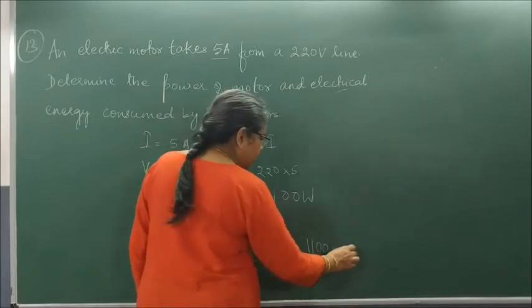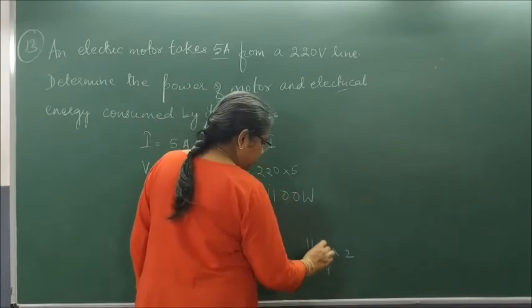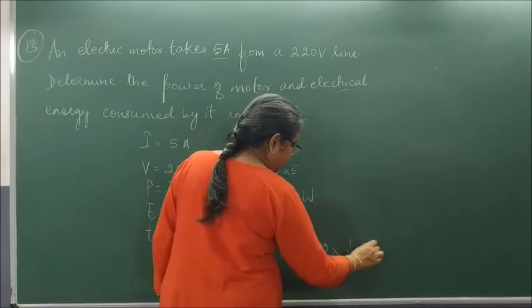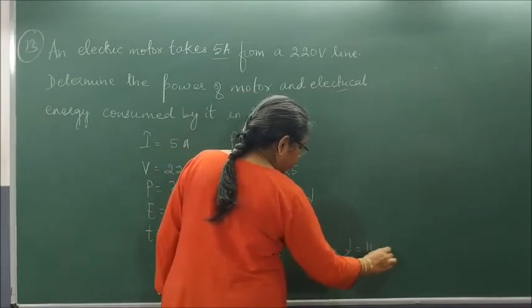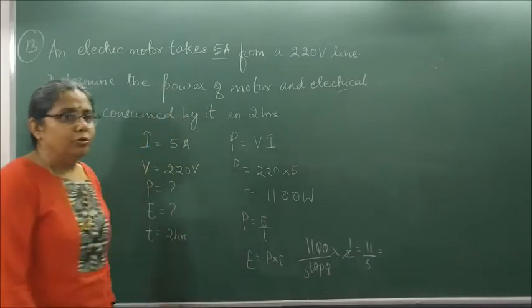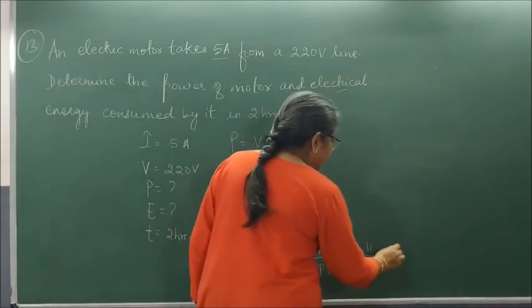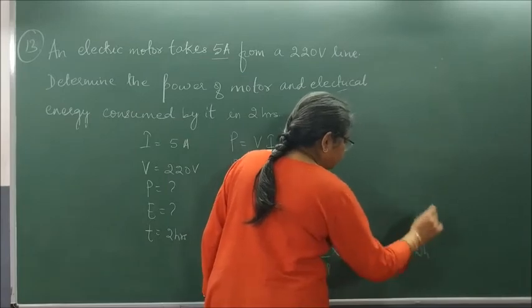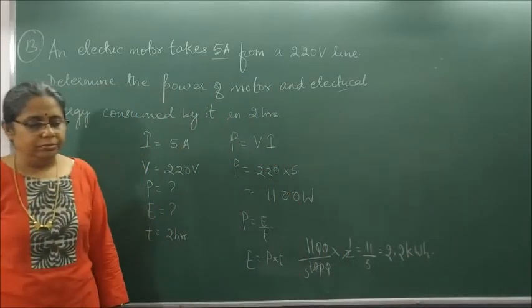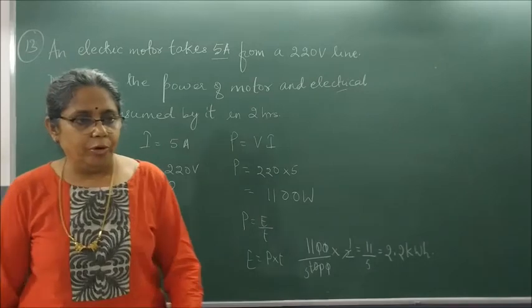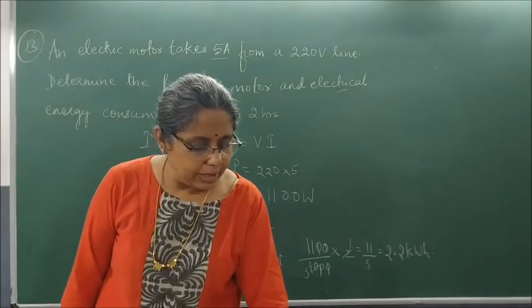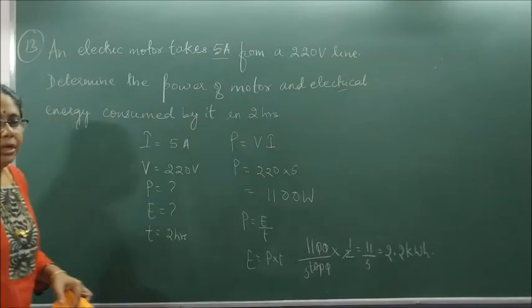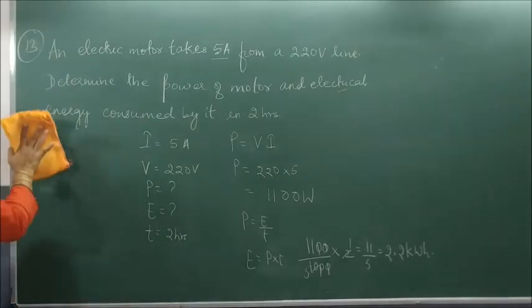Time is 2 hours. 11 by 5 multiplied by 2 gives 2.2. So you get 2.2 kilowatt hour. Okay, now for the next one.